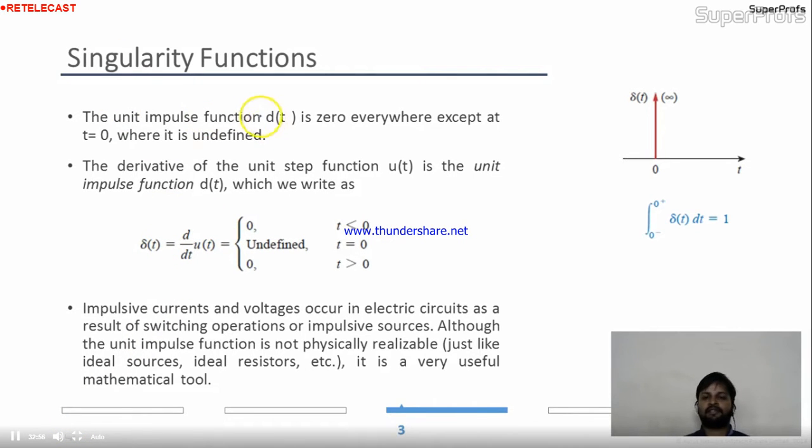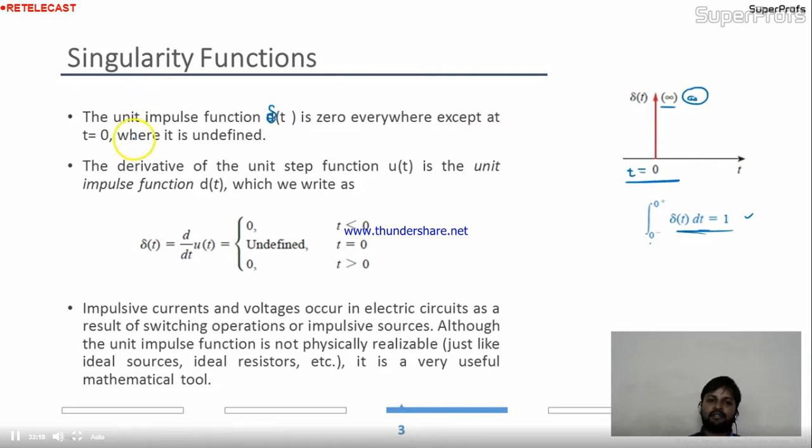So now come to the unit impulse function. The unit impulse function δ(t) is 0 everywhere except at t equal to 0. At t equal to 0, the magnitude is infinity, but when we calculate the area, it will be 1. The integral from minus 0 to 0 of δ(t) dt is nothing but 1.